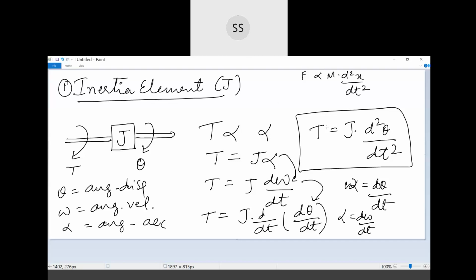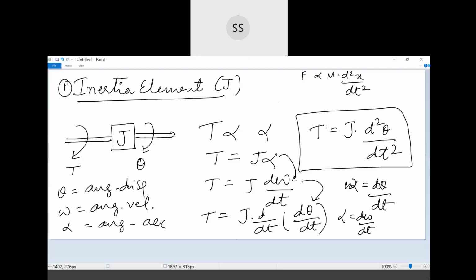Okay, so in previous translational system we have the velocity v. Now in this case we have angular velocity omega. Similarly, a was the acceleration in case of translational system. Now here we have alpha as the angular acceleration. Okay, so therefore every element has got its analogous equivalent in case of rotational systems.